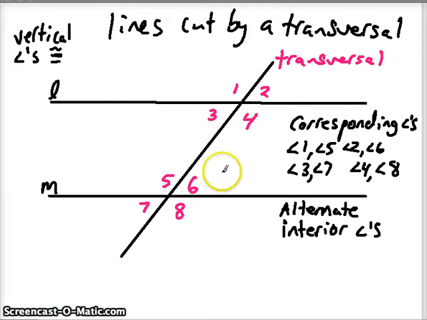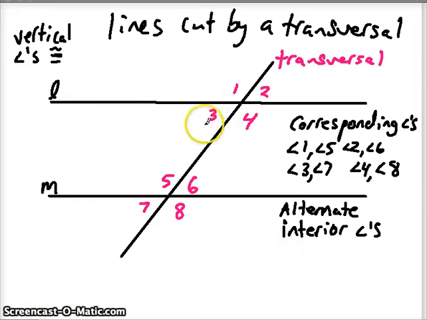They're in between the two lines. So out of 3, 4, 5, and 6, we want the inside angles that are diagonal from each other. So basically you're looking for the ones that are on opposite sides or on different sides of this transversal here. We want the left and the right side. Those are the diagonal angles.